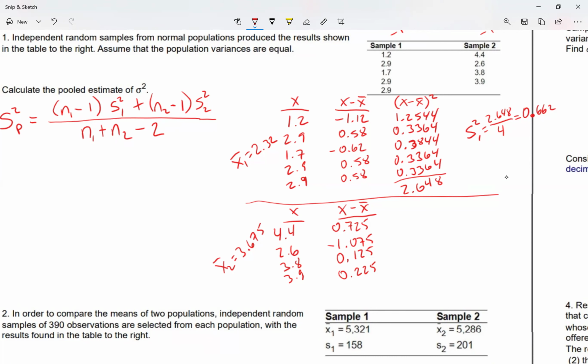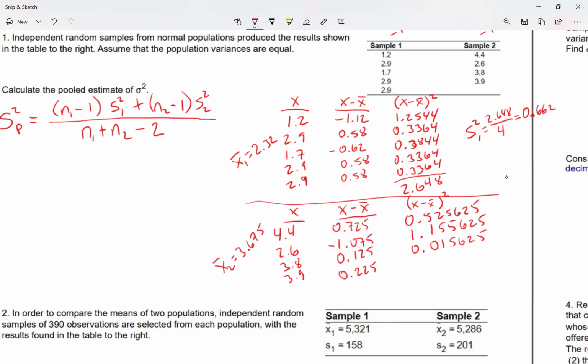Now my last table here, I'm gonna do x minus the x average squared. So 0.725 squared gives me 0.525625. Negative 1.075 all squared gives me 1.155625. 0.125 squared gives me 0.015625.